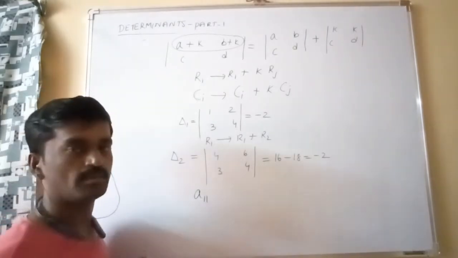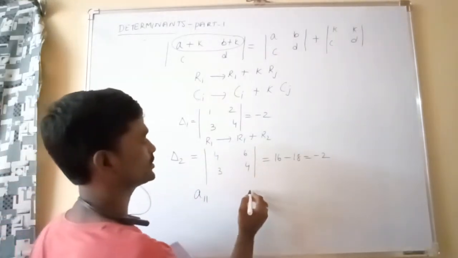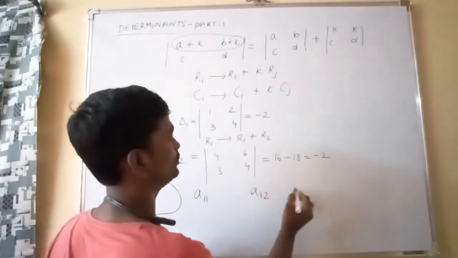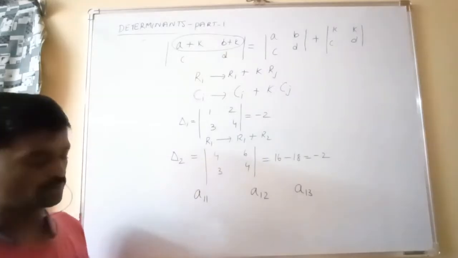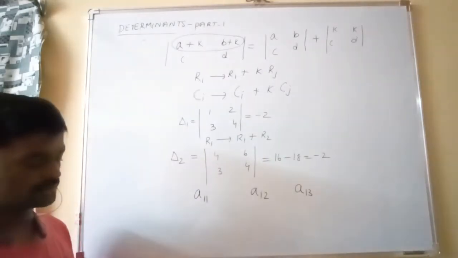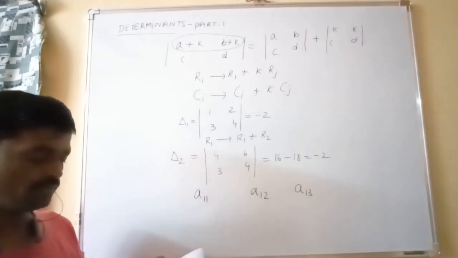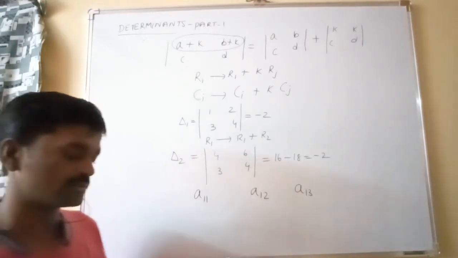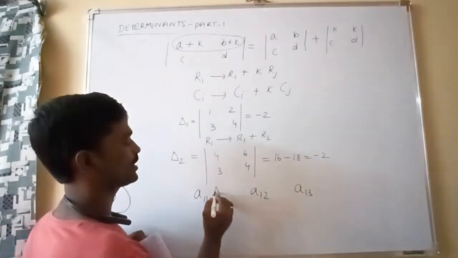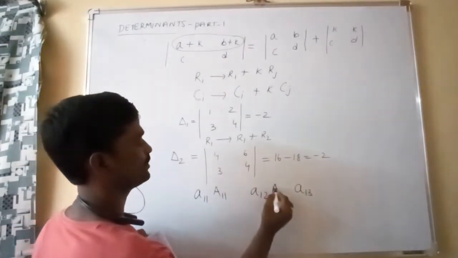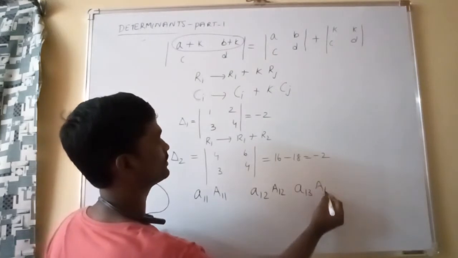For example, a11, that means I am considering first row elements. What are the first row elements? a11, a12, a13. So the sum of the products of the elements of any row or any column with their corresponding cofactors is equal to its determinant. So the elements a11, a12, a13 and the cofactors are capital A11, capital A12, capital A13.